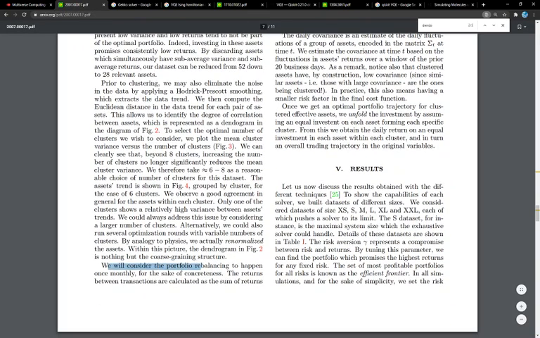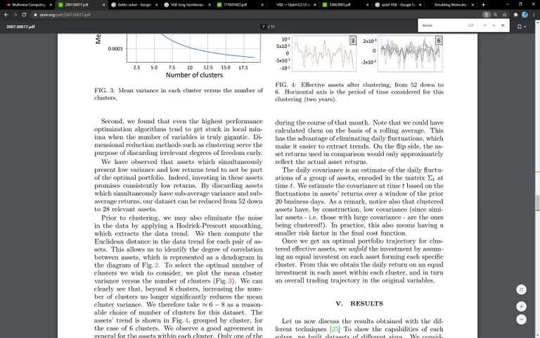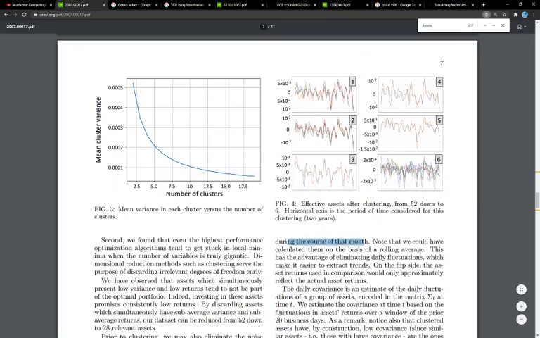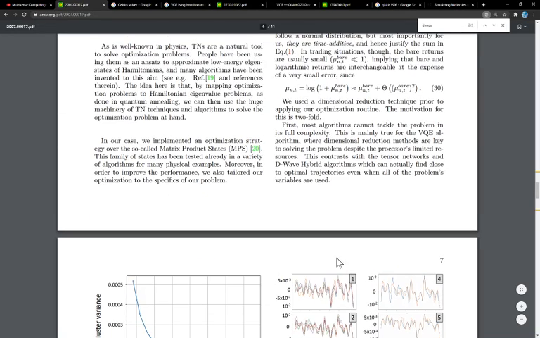We'll consider the portfolio rebalancing to happen once monthly for the sake of concreteness. The returns between transactions are calculated as the sum of returns during the course of that month. Note that we could have calculated them on the basis of a rolling average. This has the advantage of limiting daily fluctuations. Okay, so this is just the pre-processing.